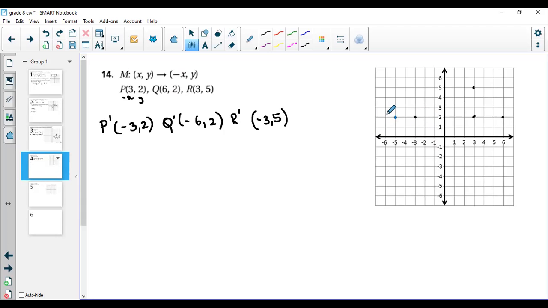Negative 6 and 2 is here. Now ignore this blue one because I could not find a coordinate plane without this symbol. So that's why I just took this. The negative 3 and 5 is here. Okay, let's join them. Go to here.